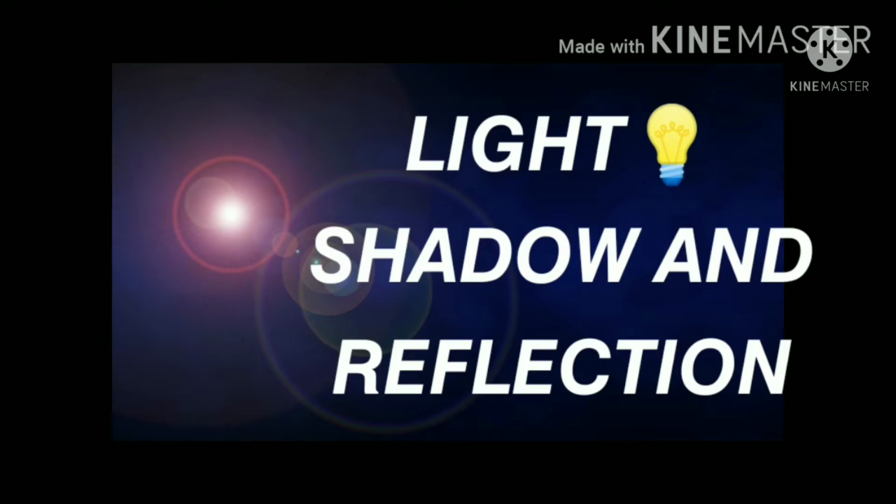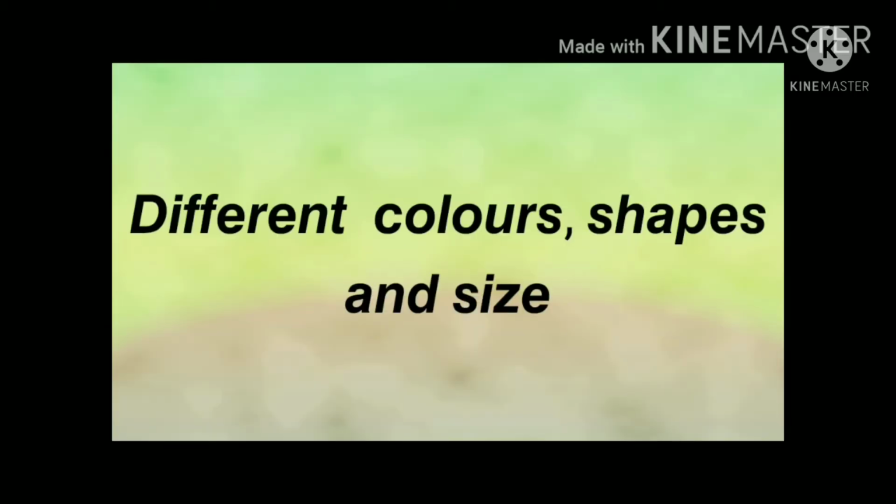Okay, students, I would like to ask a few questions. We see a variety of objects of different colors, shapes and sizes, isn't it? When are we not able to see things around us?